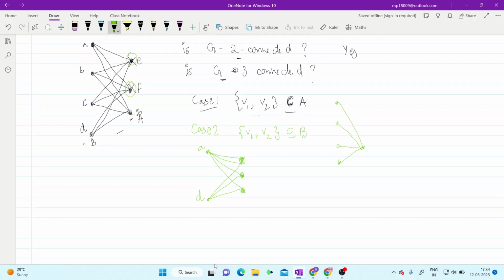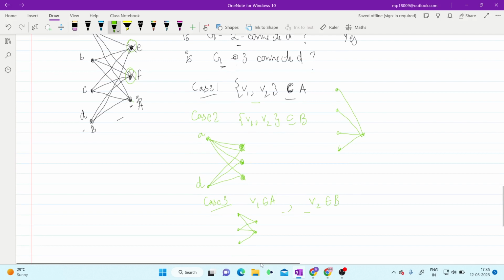And case 3 is one vertex is in A and the other vertex is in B. Then we are left with three vertices here and two vertices here, and all the vertices are attached to these vertices. So we see that this remains connected after removing these also.